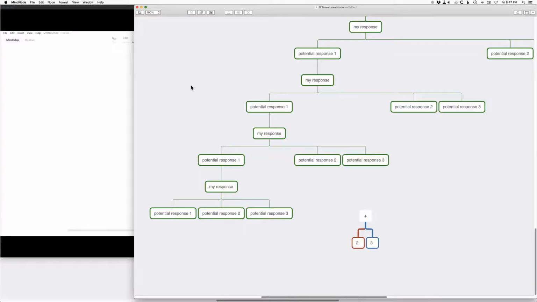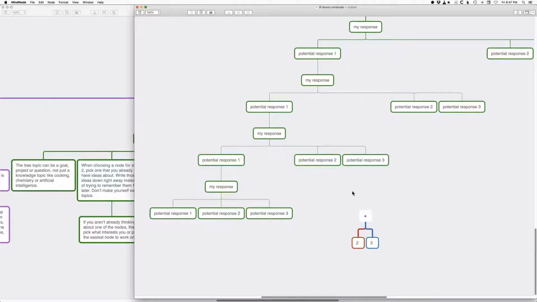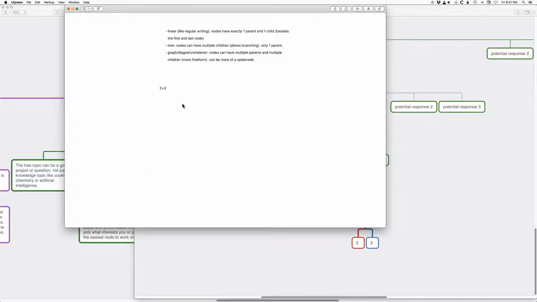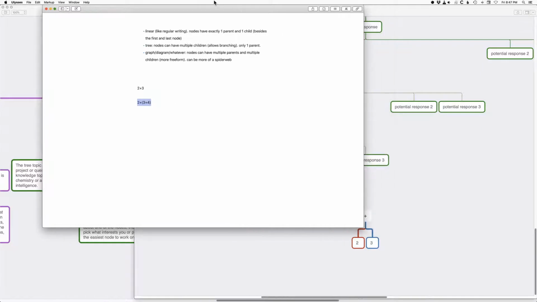So you will see the point of this if you do a more complicated formula. Try this one. See if you can figure out how to put it in a tree structure.